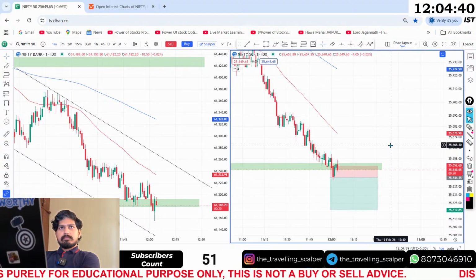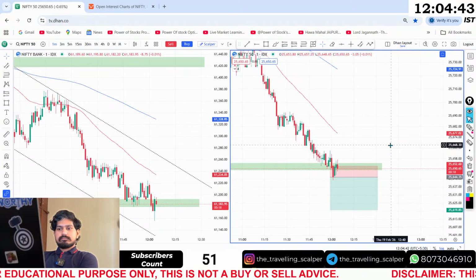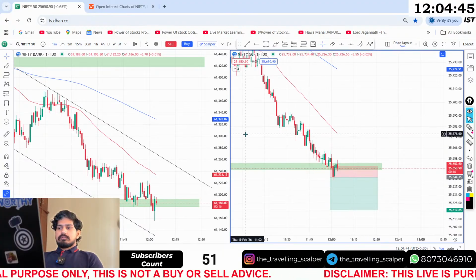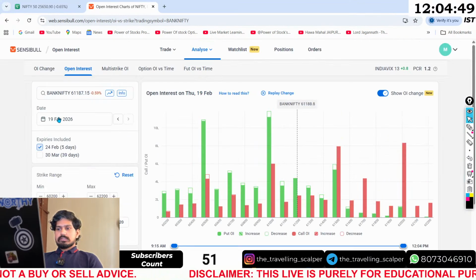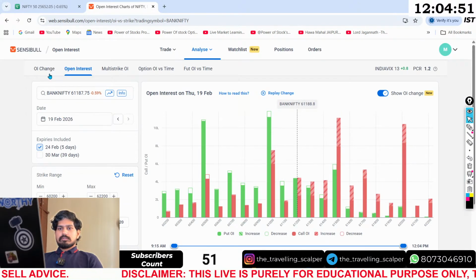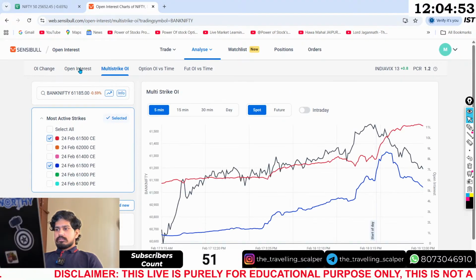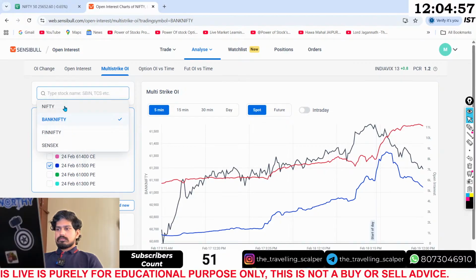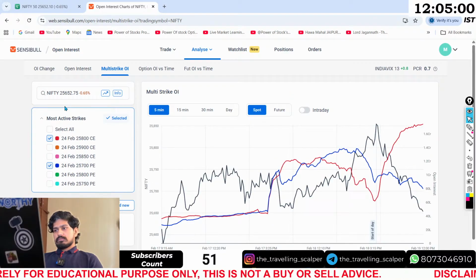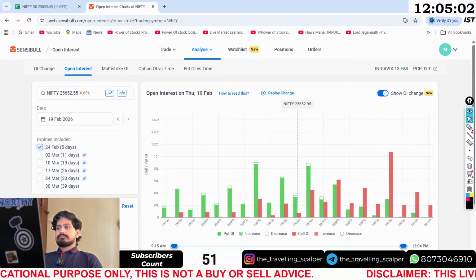Okay, come on, it is forming a red candle, superb. Let's have a look at the OI data once. Bank Nifty 61,200. Okay. Okay, perfect.